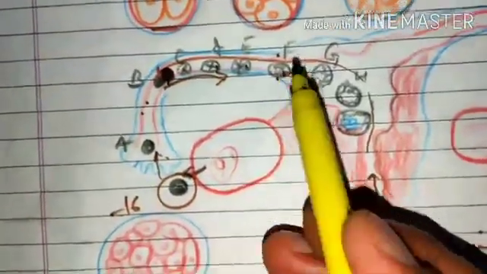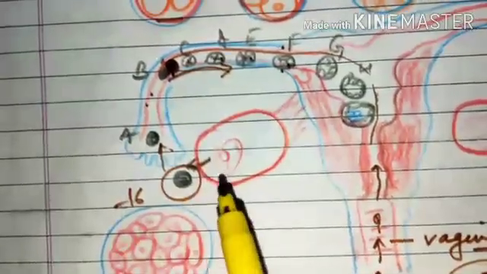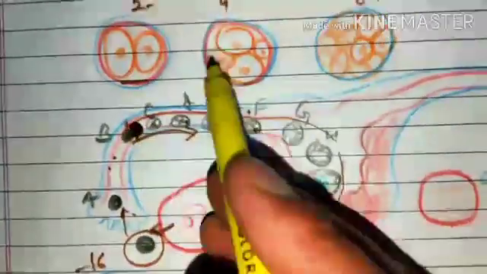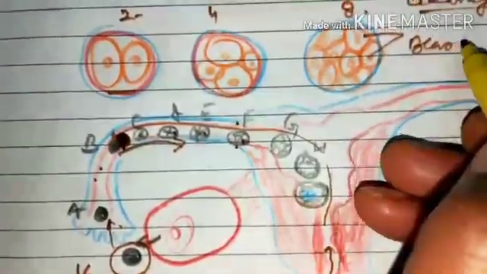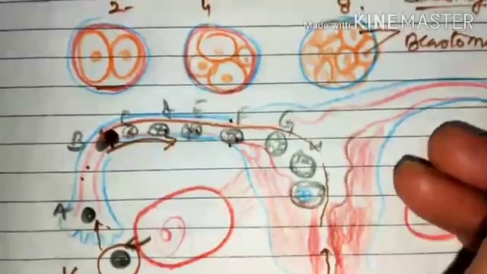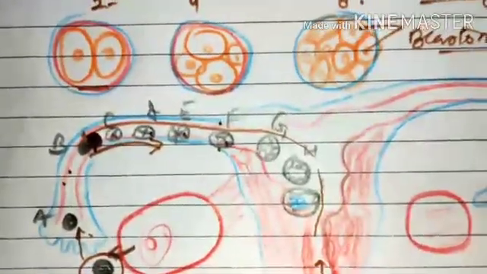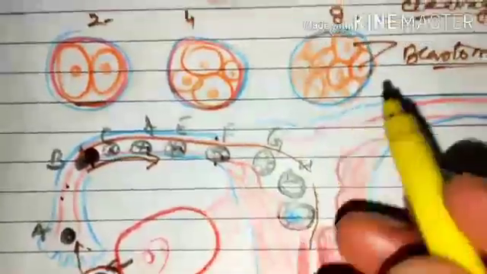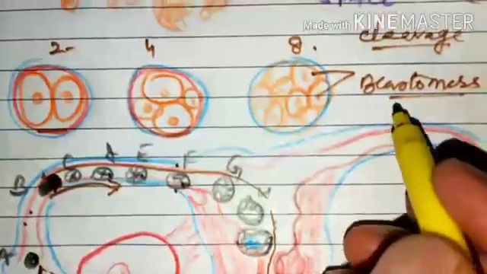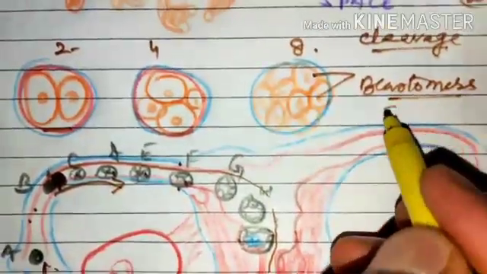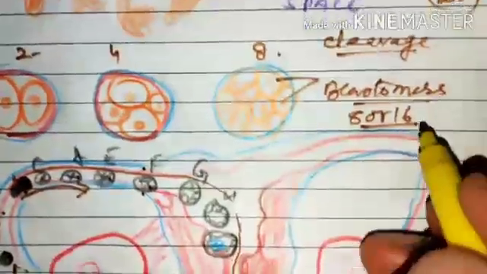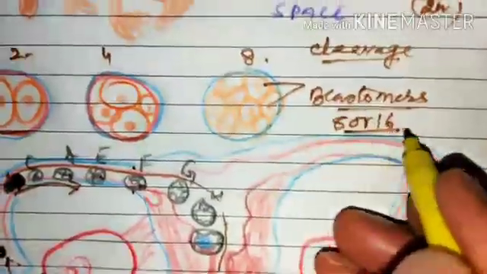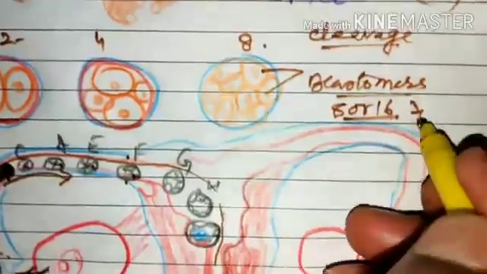Now the daughter cells formed by the cleavage of the zygote are called blastomeres. Now what are blastomeres? These are the daughter cells formed by the cleavage of the zygote. And the embryo with 8 to 16 blastomeres is called morula.